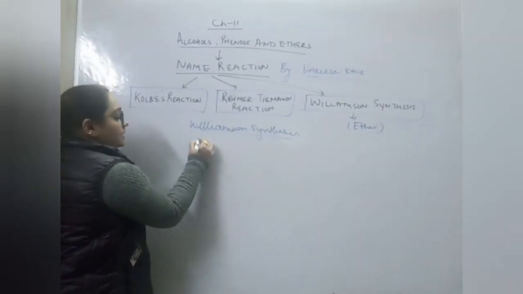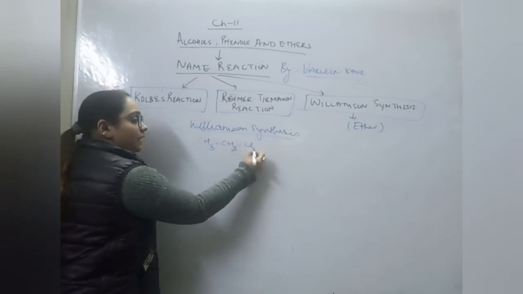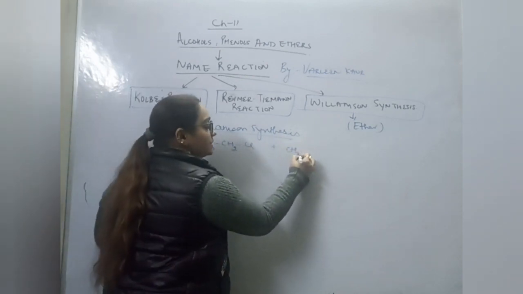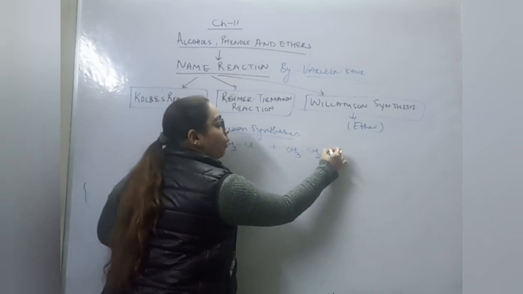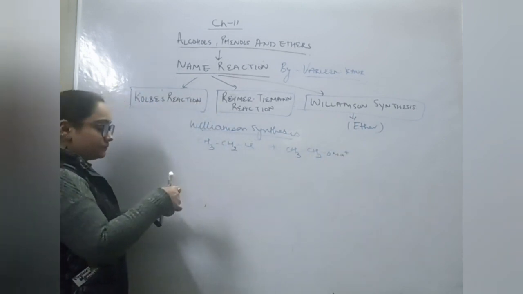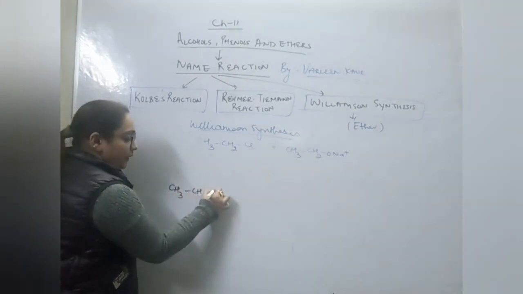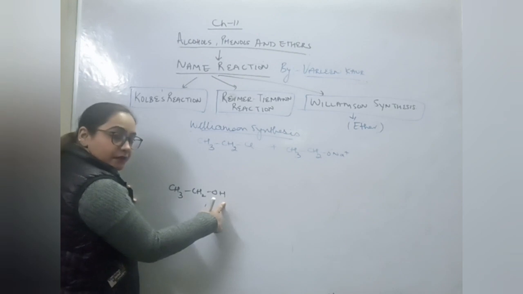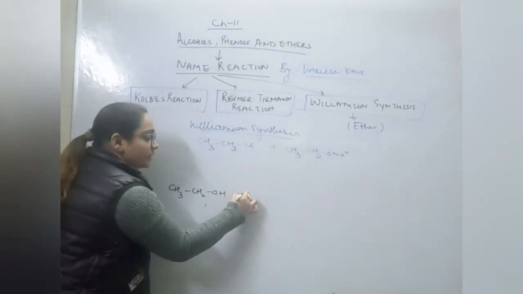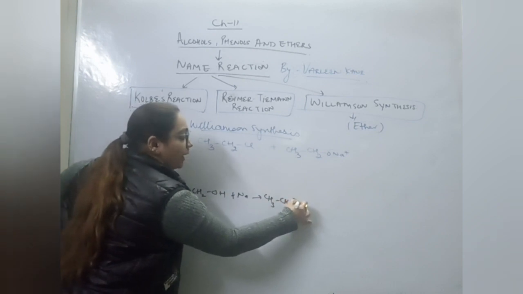How? See, we have CH3, CH2, Cl, and I'm going to take CH3, CH2, O, Na positive. Earlier it is CH3, CH2, OH. Earlier it was ethanol. When treated with sodium, it will give you CH3, CH2, O, Na positive.